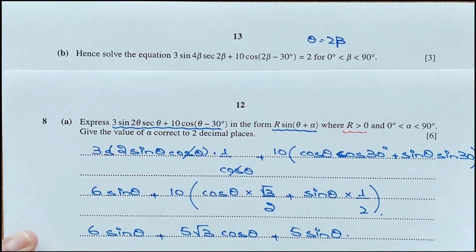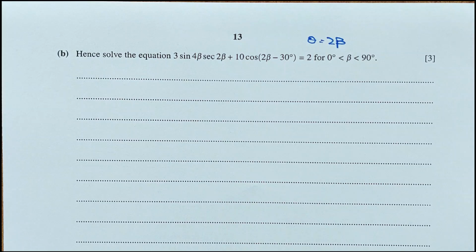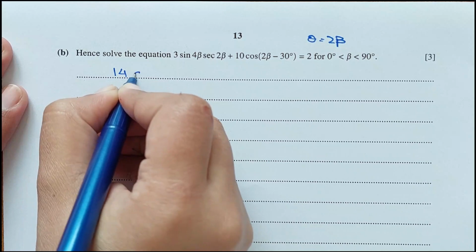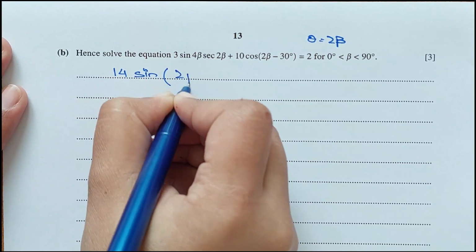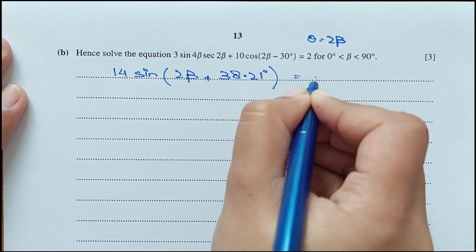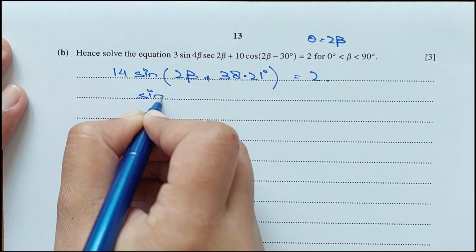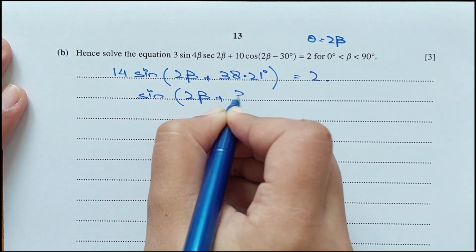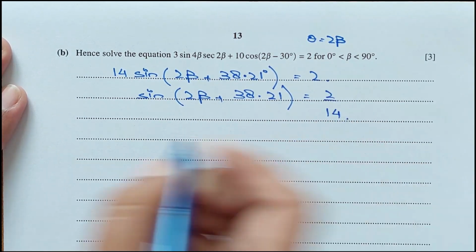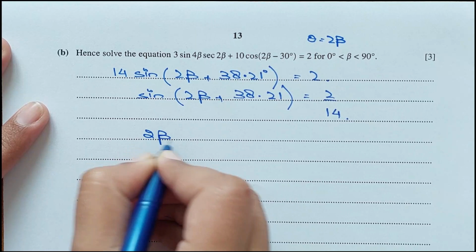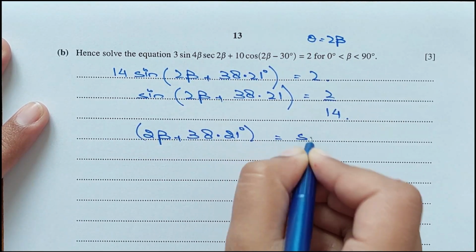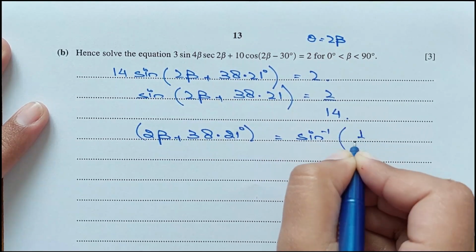We have to solve this equation, and beta is between 0 and 90 degrees, and we know that the answer for this expression is 14 sin(2 beta plus 38.21 degrees). We have to put it equal to 2. So sin(2 beta plus 38.21) is equal to 2 over 14. Right, so 2 beta plus 38.21 degrees would be equal to sine inverse of 1 over 7.